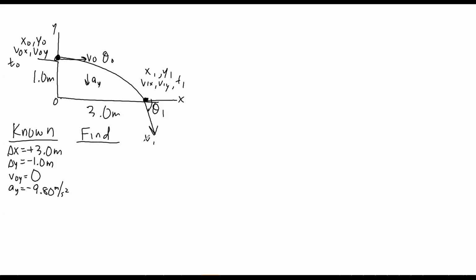And then what are we trying to find? This is where some abbreviations can come up. We're trying to find the x velocity, and we're going to use 3 equal signs to say that is equal to v0x, which from the problem we know is the same throughout. Those are all the same because we're in projectile motion.